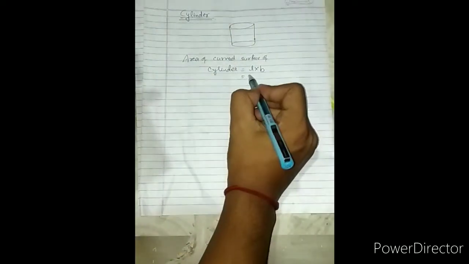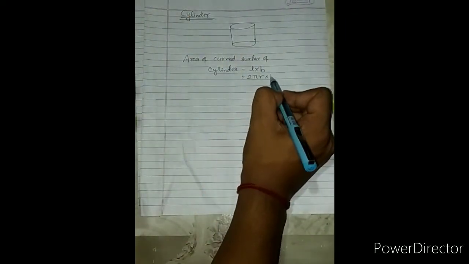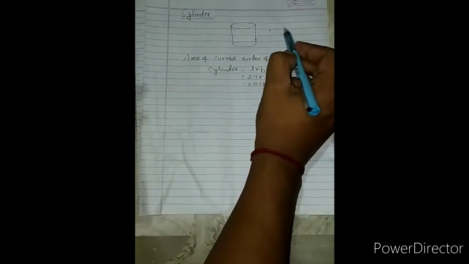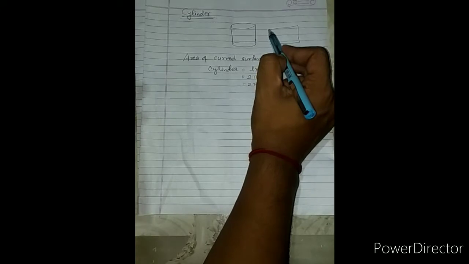Now here, the length from this point to this point is the circumference of this circle. That is why we can write 2 pi r, and breadth is the height of this cylinder, that is why into h. So 2 pi r h, because this is the curved part.